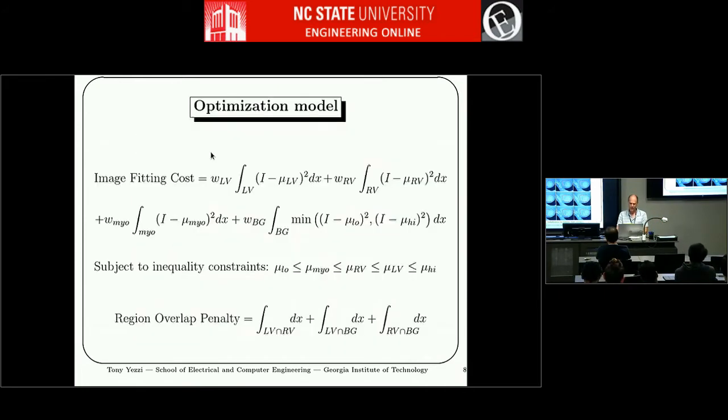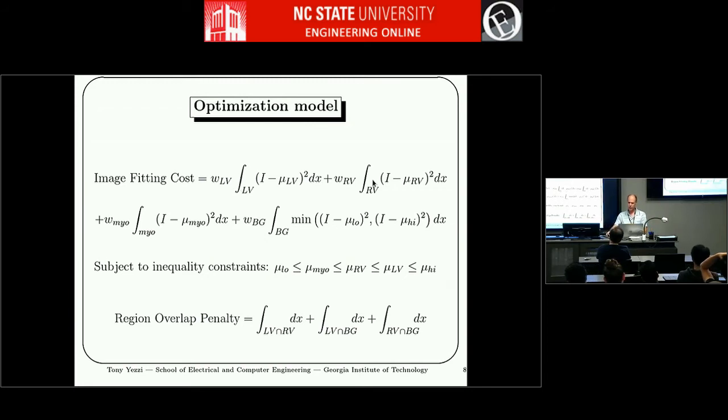All right, so what are we optimizing? So we come up with a fitting cost, which is, as long as there's no overlap between those shapes, basically, it decomposes your volume into four regions, right? You have inside the left ventricle, inside the right ventricle, outside of everything, and then in between the two, which would be the actual myocardial muscle.